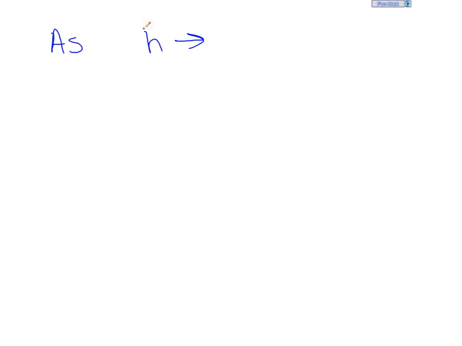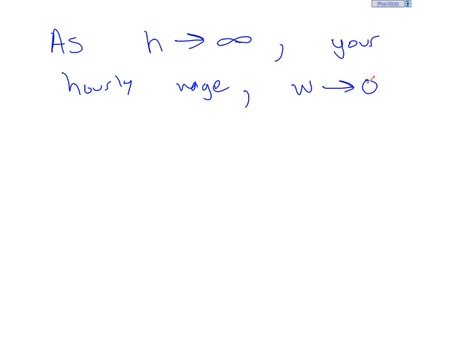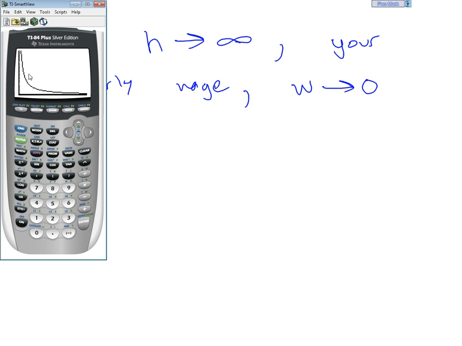Well, as the number of hours goes to infinity, as the number of your hours basically increases, your hourly wage, which we're representing by W, goes to 0. So as you continue to work more and more hours, as we increase the axis this way, your wage drops down and it goes to 0.